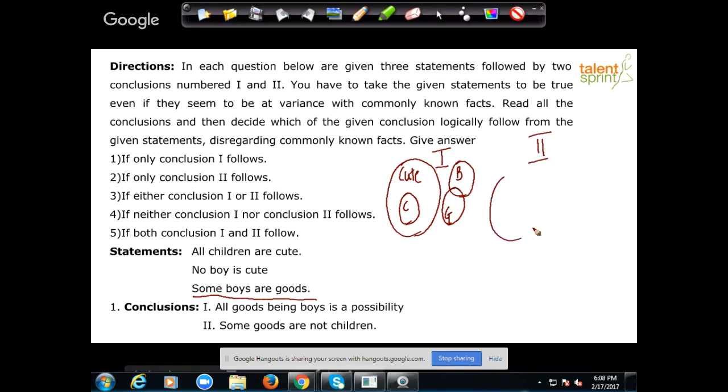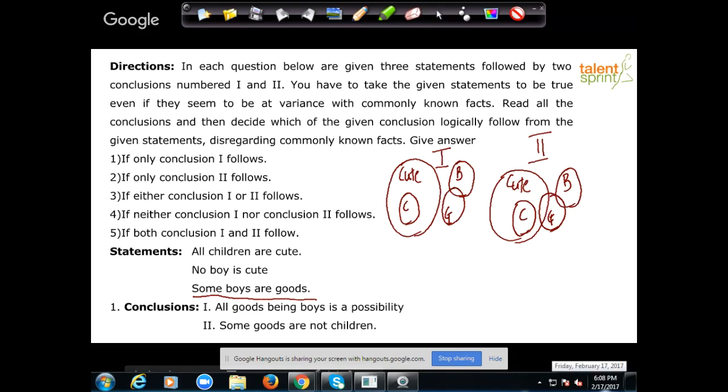Obviously, the first part is that cute would be our bigger set. Children will be a subset in cute. We know that no boy is cute. And then some boys are goods. It is highly possible that there is a sort of sharing that is happening between goods and cute. This is the second possibility.